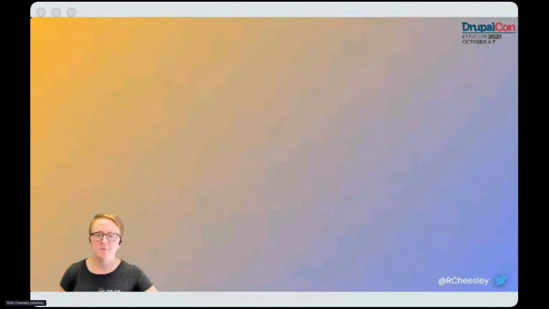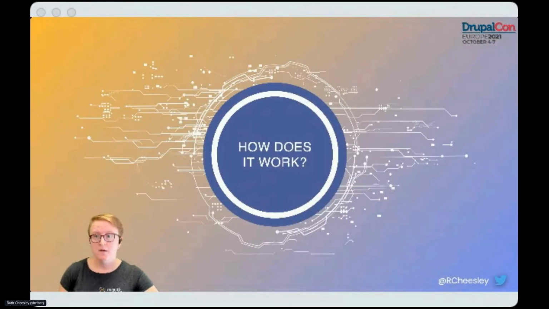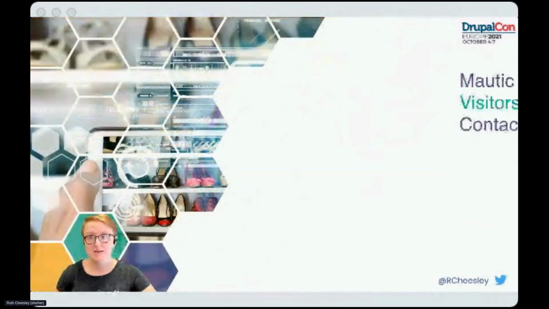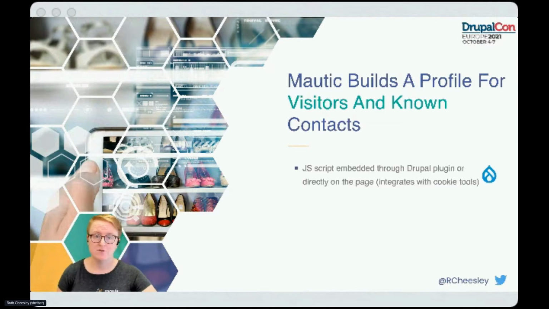So we'll jump in a little bit to how this actually all works under the hood. MoreTick builds a profile, as I mentioned, for visitors and known contacts. The way that works is there's a JavaScript script that is embedded either through the Drupal plugin, or you can put it directly on the page, or you can integrate with Google Tag Manager or any other tag manager.